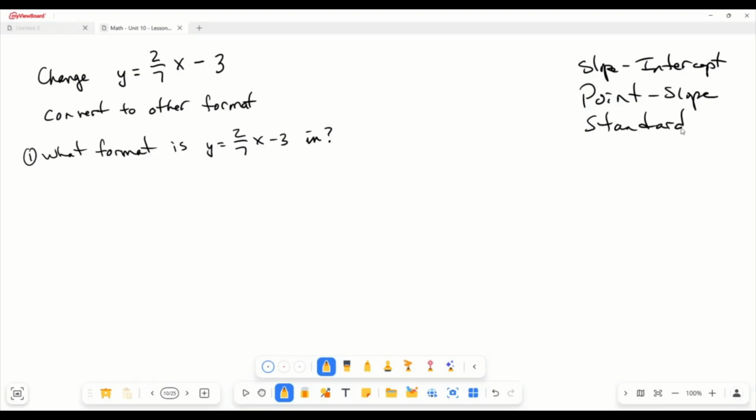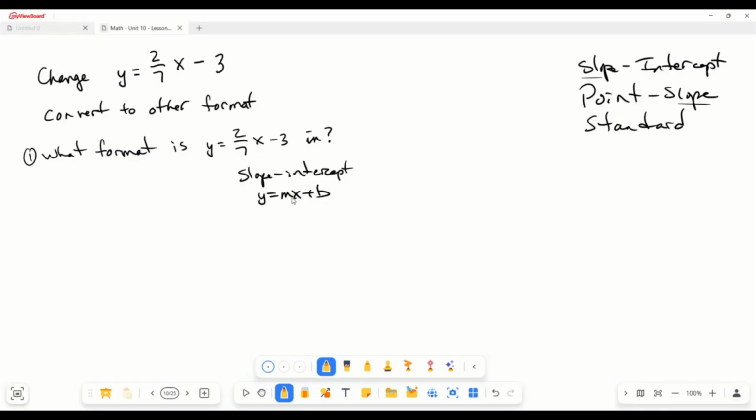You can't just say slope because two of them have the word slope in it. It's slope-intercept. Slope-intercept. Because it is in y equals mx plus b format.